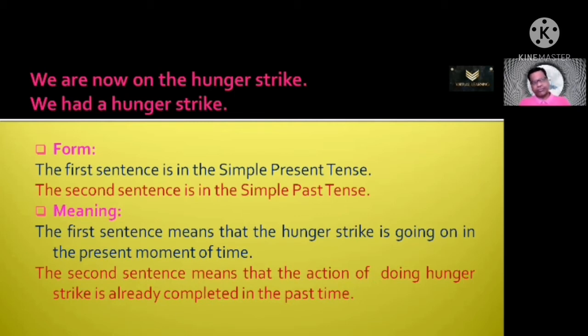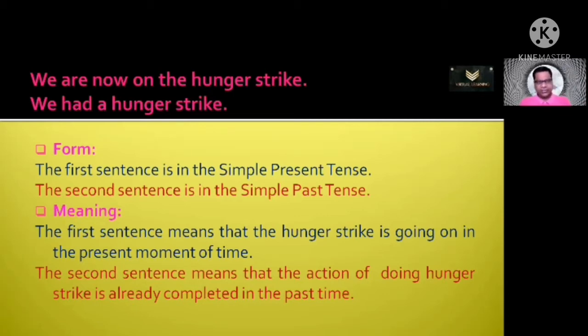Please don't get confused with the verb like are or had. Many people will simply say the first one is in continuous tense, present continuous, and the second one is in simple past. Or else some of you may say it is in the past perfect, but that is not the case.